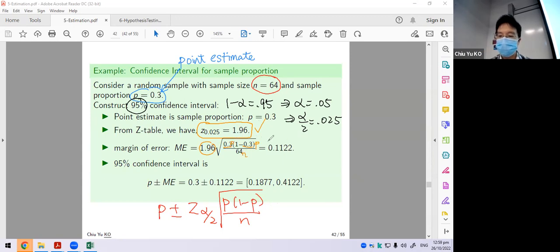Then the margin of error turns out to be 0.1122. So you just add and subtract this number. That's what you want to get. Is that clear? Okay, there's nothing but just plugging in the numbers.